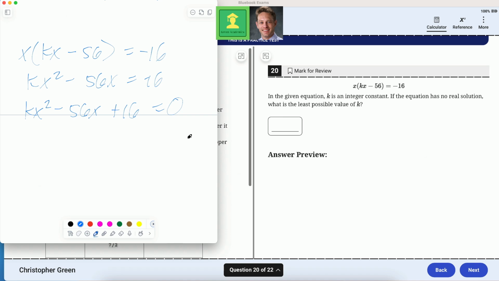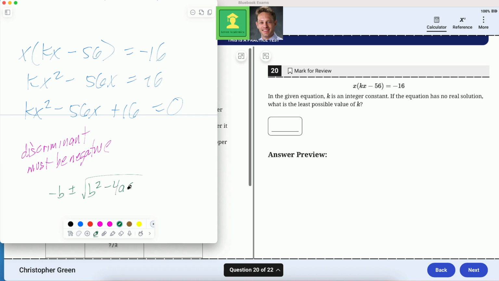Now, for a parabola to have no real solution, it has to not touch the x-axis. The best way to do this is to understand that since the quadratic has no real solutions, the discriminant must be negative. Let me write the quadratic formula the long way and show what that means.